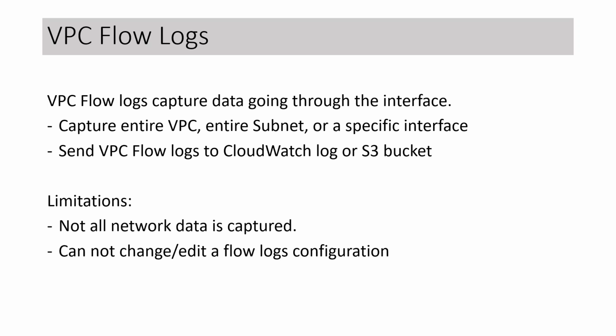You also can't edit your flows. If you say, I've got this VPC and I want all my data to go into this S3 bucket, you can't later edit it to use a different S3 bucket. You have to delete the whole VPC flow log and start over, which you have to keep in mind. If you want a year's worth of VPC flow logs and you decide to move to another S3 bucket, you've got to keep that in mind.